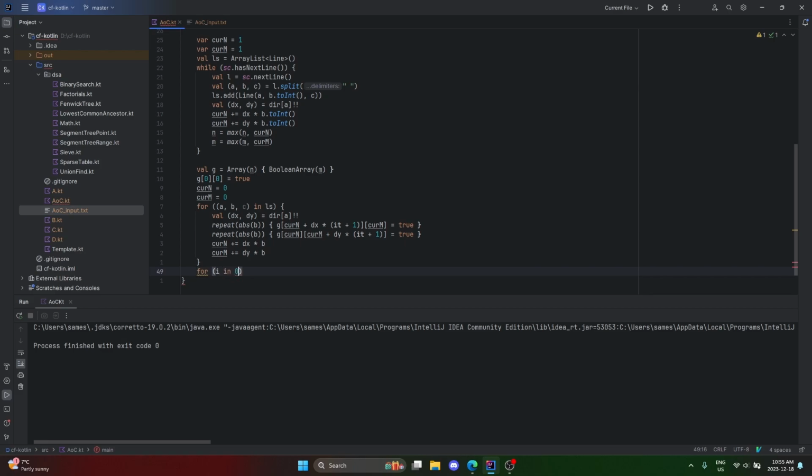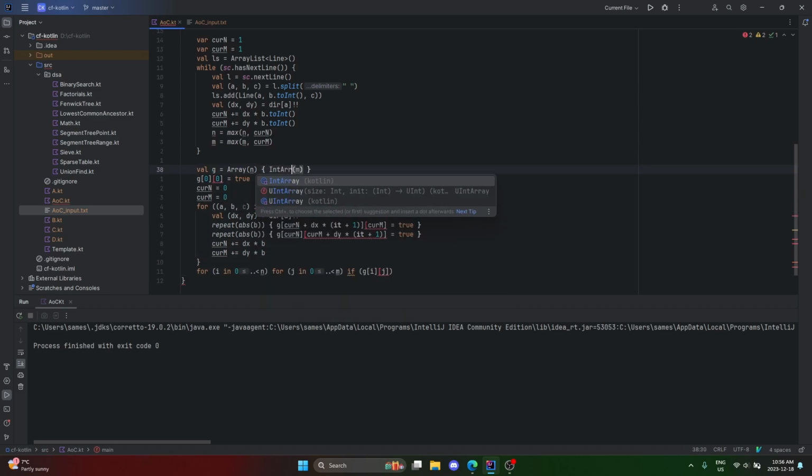So now, going to fill in the outside. I need to change this to an int array.